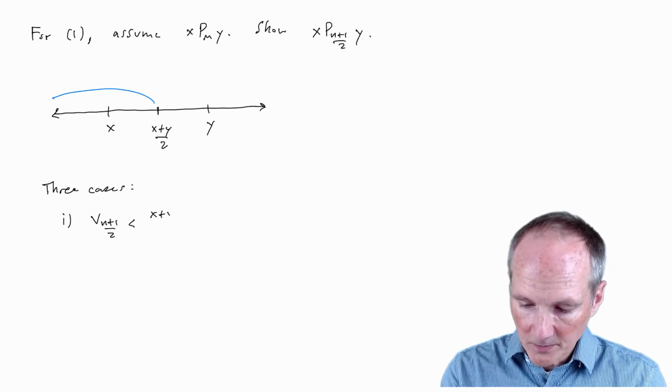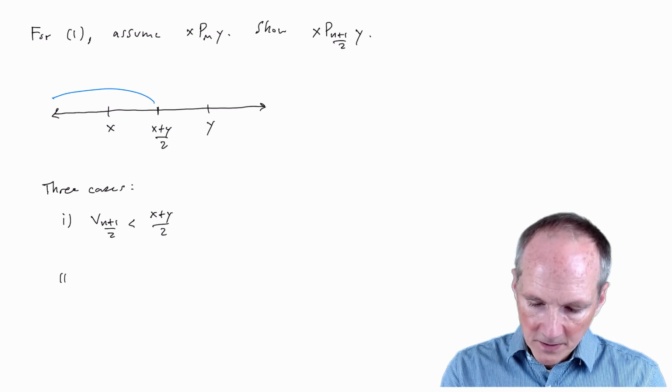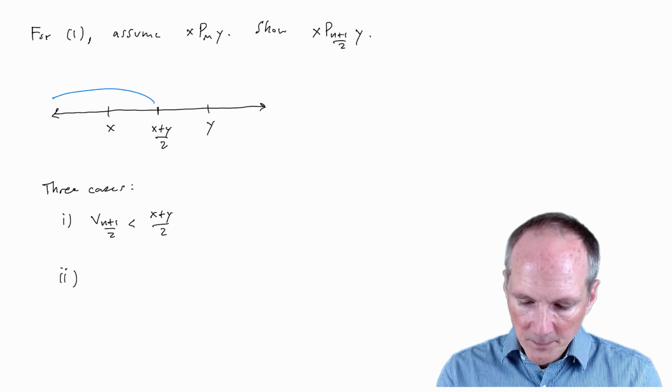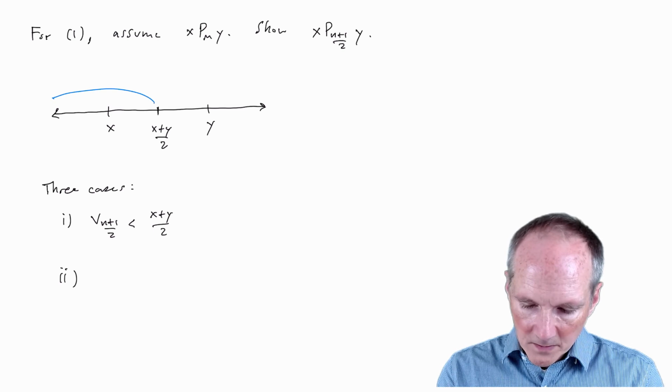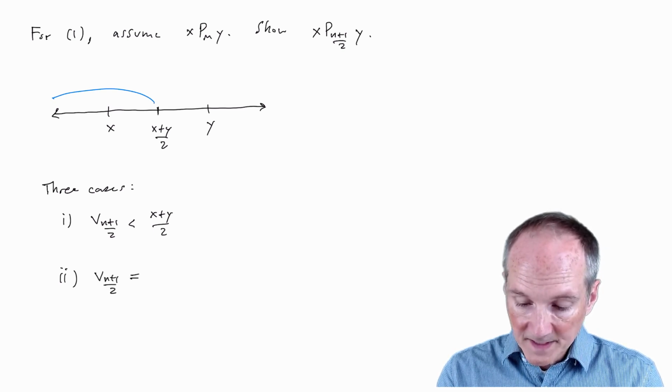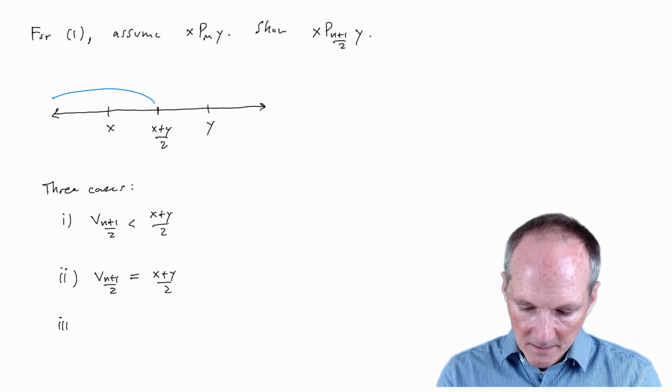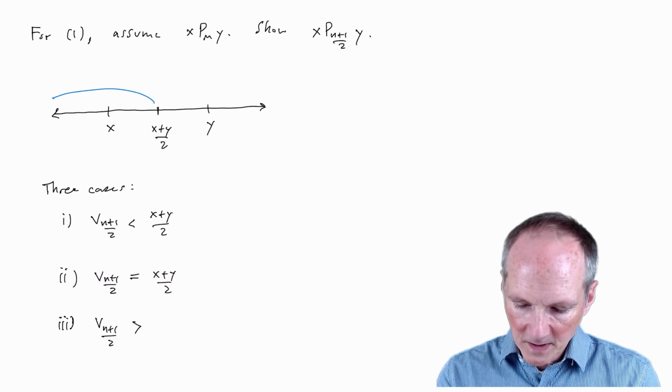That's what I want to show. Case two is that the median voter's ideal point is exactly the midpoint. And the last possibility is that the median voter's ideal point is strictly above the midpoint. Okay.